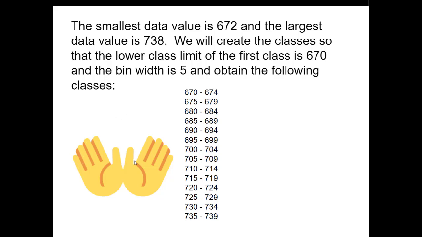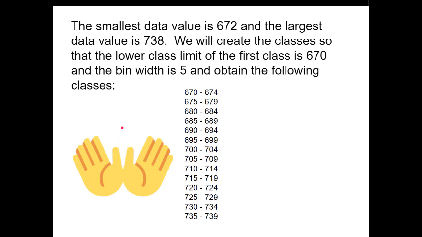So I'm going to count 1, 2, 3, 4, 5. Start with 670 and count up 5: 670, 671, 672, 673, 674. So my first bin is 670 to 674.